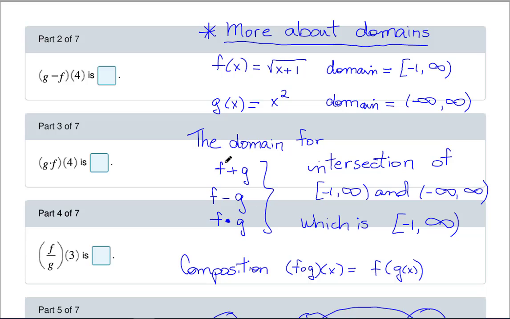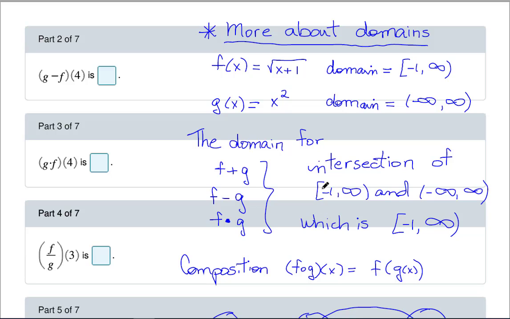So how would you find the domain for f plus g, f minus g, and f times g? Well, the domain is the intersection, or what's in common between these two collections. Well, one of them is everything and the other is minus 1 and bigger. And so the only thing that they both share in common is minus 1 and above.